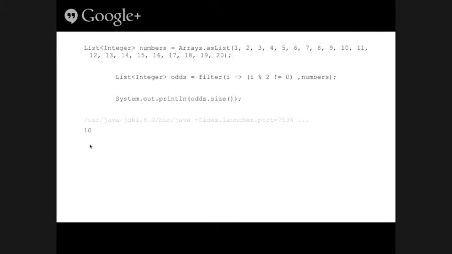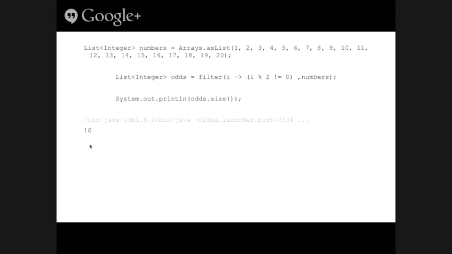We're filtering out all of the odds. And now instead of having to build that anonymous class, we can just put exactly what we want there. Now, one thing to note is this is obviously a very simple example with just a single line. You can also put braces there and have multiple lines if you want.